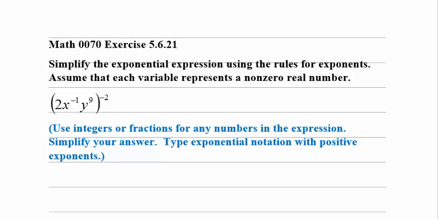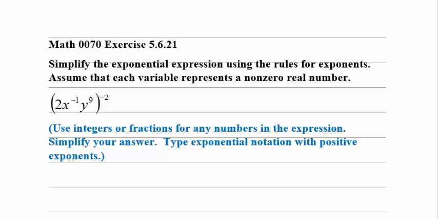Let's take a look at exercise 21 from section 5.6. So we want to simplify this exponential expression using the rules of exponents. We want to assume that each variable represents a non-zero real number.